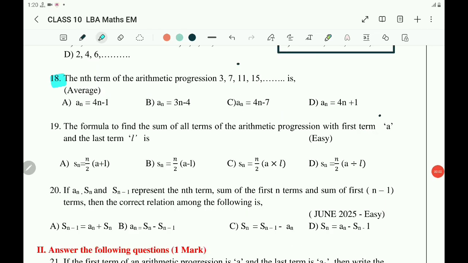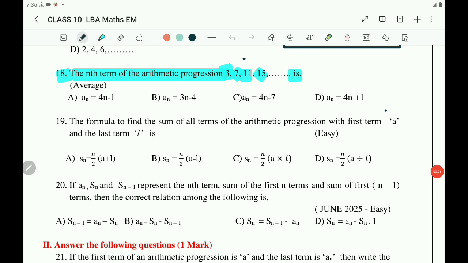Next, question number 18. The nth term of the arithmetic progression 3, 7, 11, 15 and so on is. Here we have to write the formula for a_n. Find out a and d. Here 3 is the a. a equals 3.